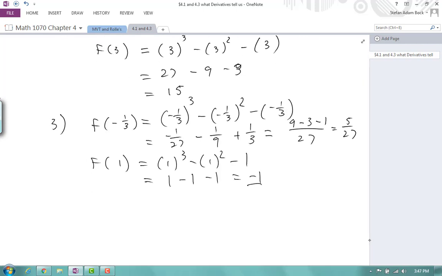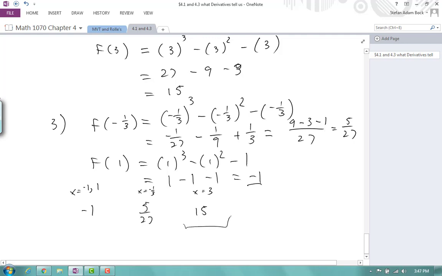So comparing all of these, I ended up with negative 1 from x equal to negative 1 and 1, and I got 5/27 from x equal to negative 1/3, and I got 15 from x equal to 3. X equal to 3 gave us the biggest function value, and x equal to negative 1 and 1 gave us the smallest function value.